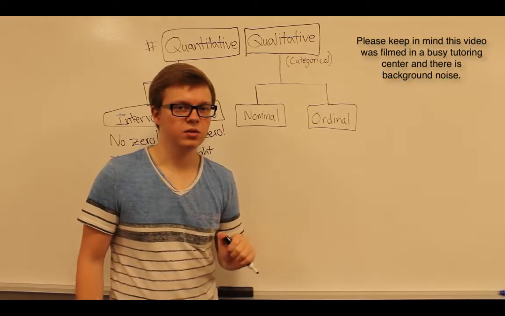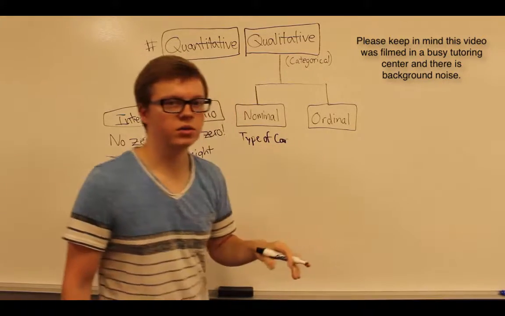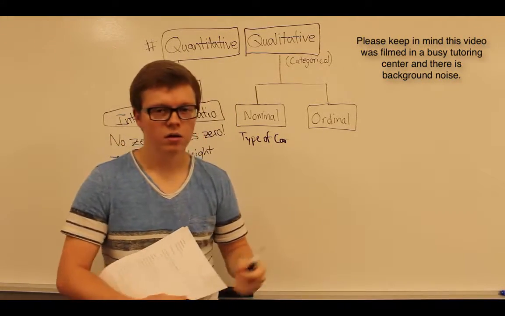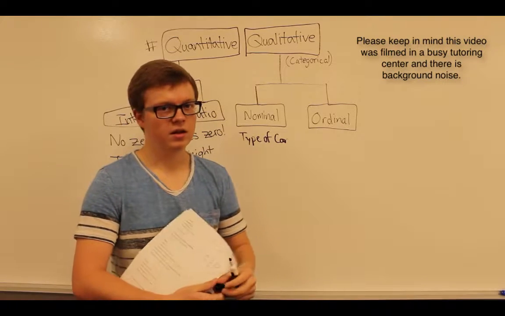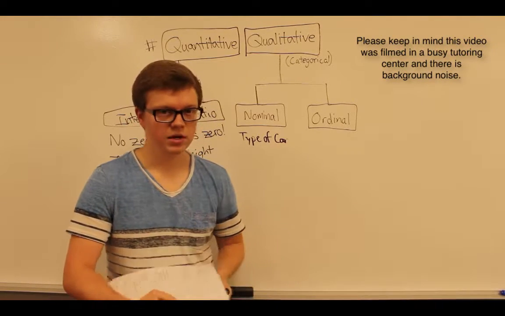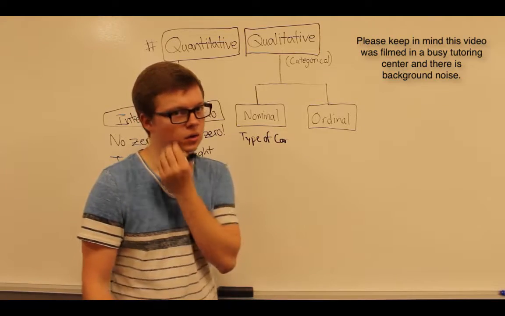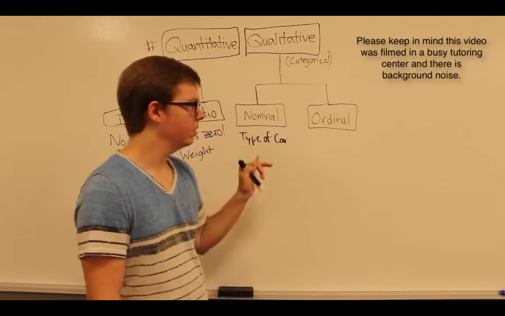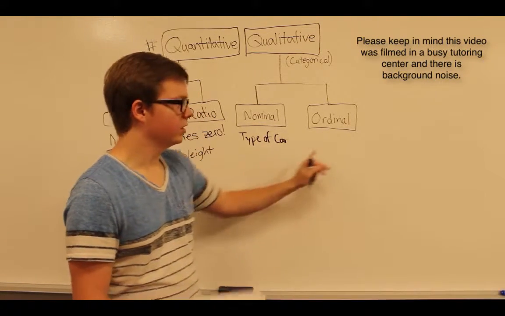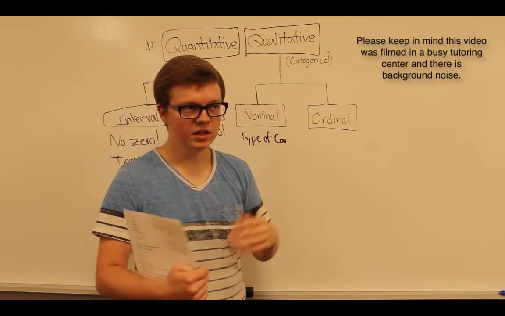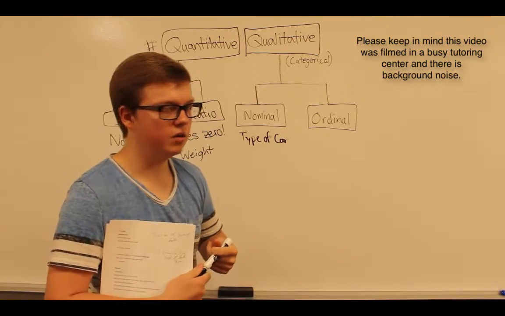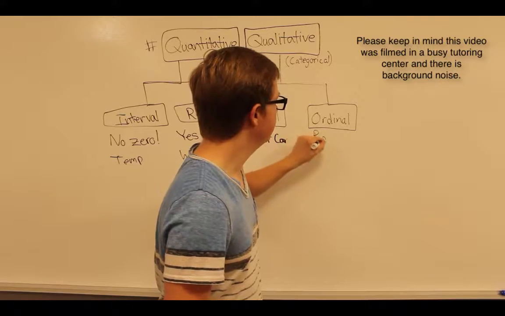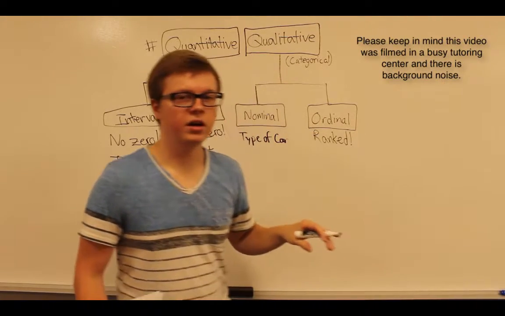You might say type of car, like a Honda or Ford, and it's purely just different categories of cars that people might own. Whereas with ordinal data, it's still categorical, but it can be ranked. That's the key: ordinal data can be ranked.